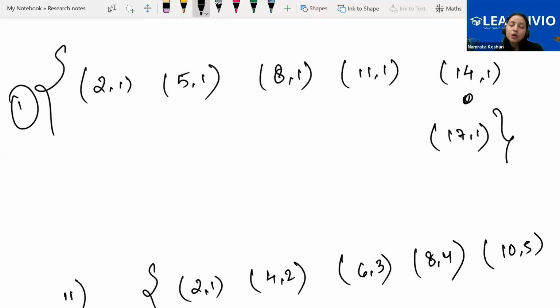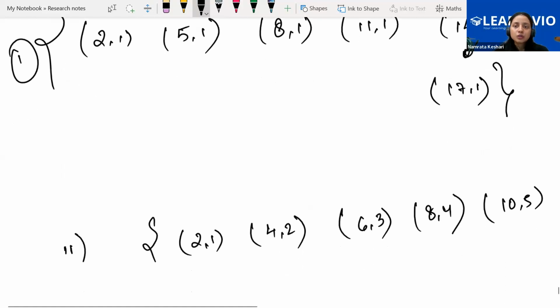How to check it? Draw the mapping diagram. You will get the idea. Clearly, you will be able to see whether it's a function or not. Draw it.